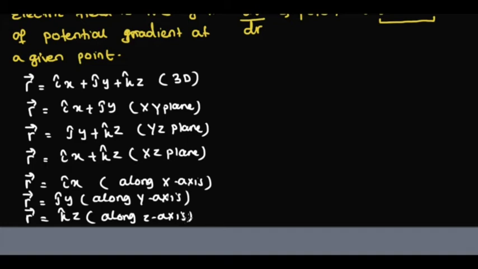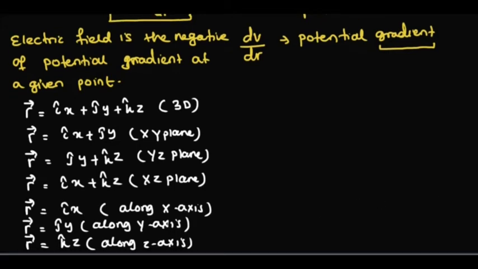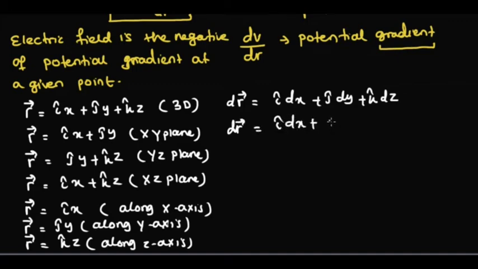Is that clear? So we will discuss about the value of dr in all these cases. Okay. So in the first case, dr vector is equal to i cap dx plus j cap dy plus k cap dz. Similarly, in the second case, dr vector will be equal to i cap dx plus j cap dy.